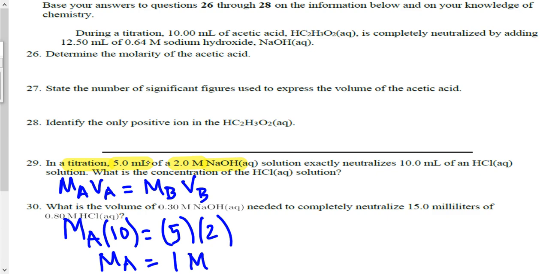So all I'm missing is the volume of the acid, which is 10. And then I have to solve for the concentration of HCl. Everything except MA is given, and at this point you should be able to solve this question correctly. Please pause the video and check if you got the same exact answer as mine. My answer for this question would be 1 molar.